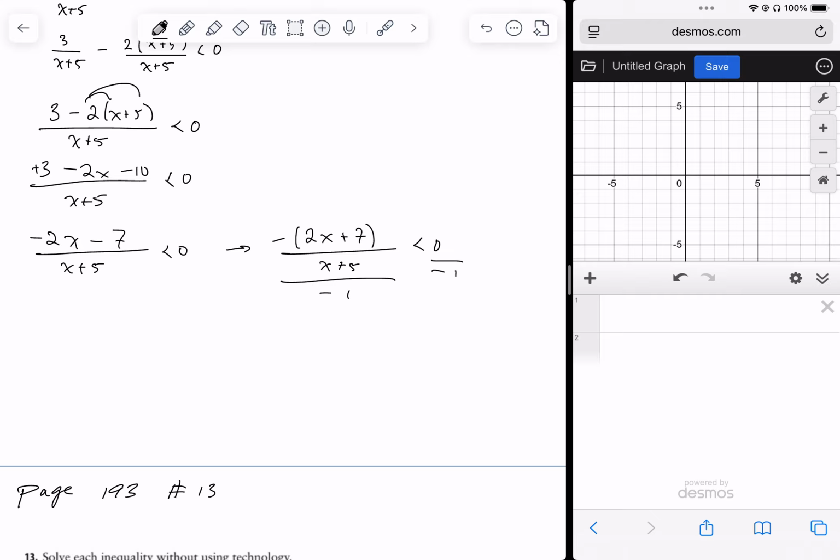We discussed in class that when we do something like that with inequalities, I need to flip the inequality. So you can see here, if I were to just leave this as negative 2x plus 7 over x plus 5.